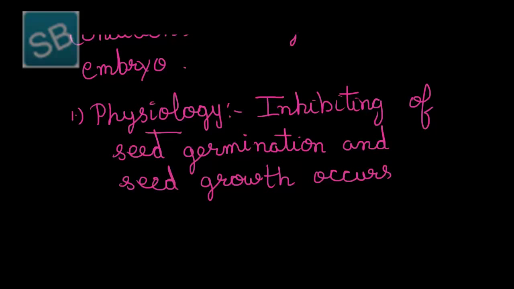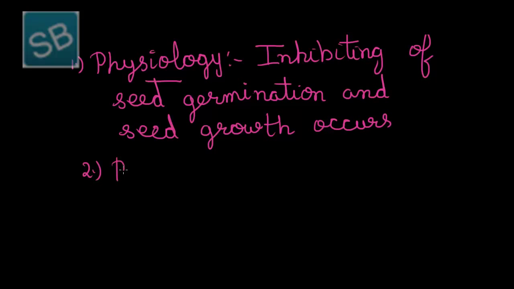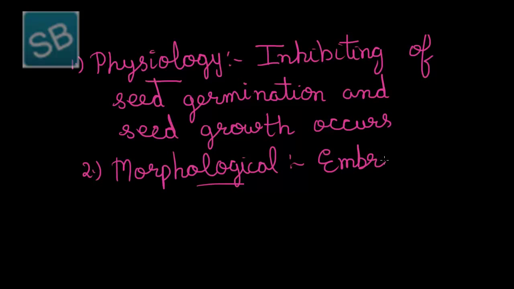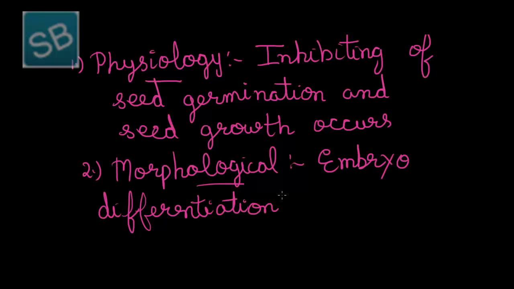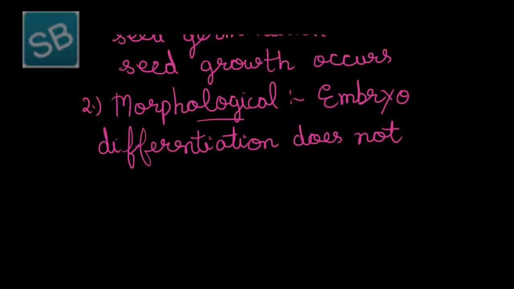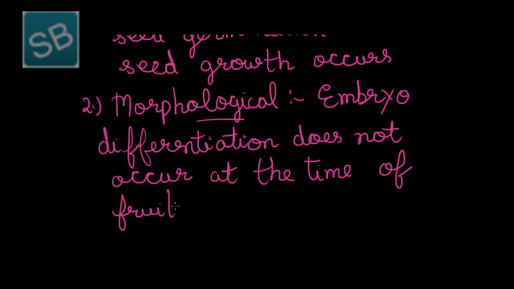The second type of endogenous dormancy is the morphological type. This type of dormancy occurs when the embryo differentiation does not occur at the time of fruit ripening, which causes an undifferentiated or underdeveloped embryo.